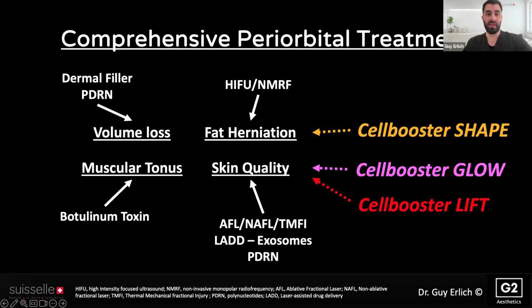I will also incorporate polynucleotide, again, for the skin quality. And if I see a problem in muscular tonus or high muscular contraction, I will use the botulinum toxins. Sometimes I will use all of them together, sometimes part of them according to my diagnosis, but I will always use cell booster, either cell booster shape, glow, lift, or a combination of them.